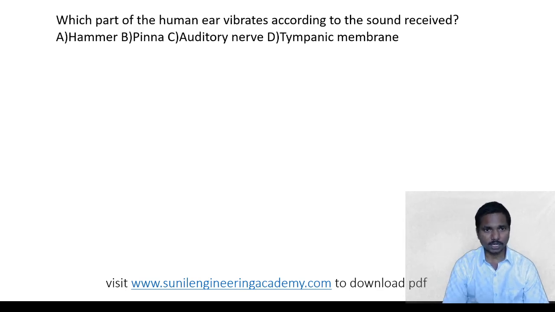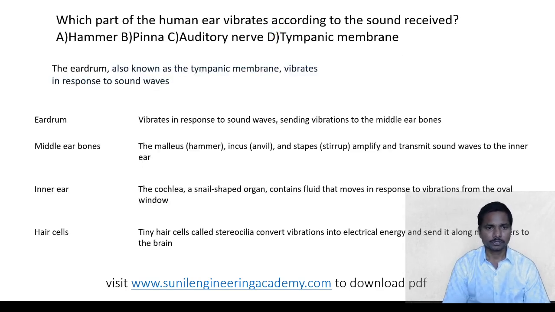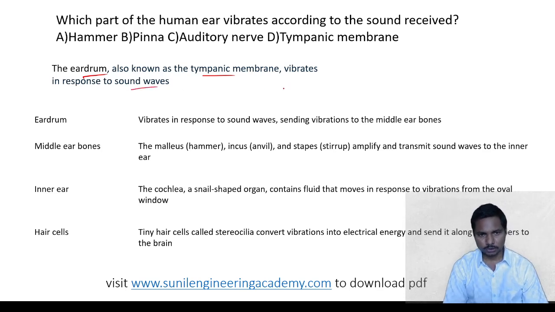Which part of the human ear vibrates according to the sound received? That is nothing but the tympanic membrane. It is also called the eardrum. So it is the part of our human ear that vibrates according to the sound received. The eardrum, also known as the tympanic membrane, vibrates in response to the sound waves.